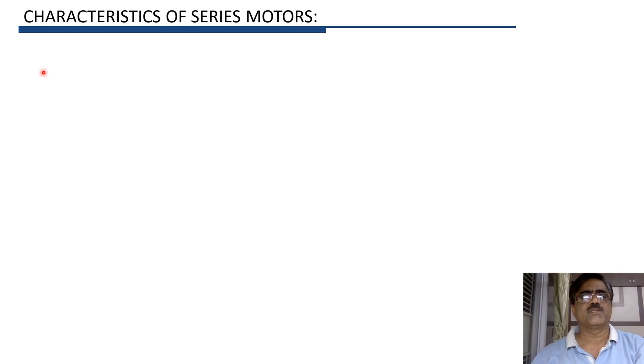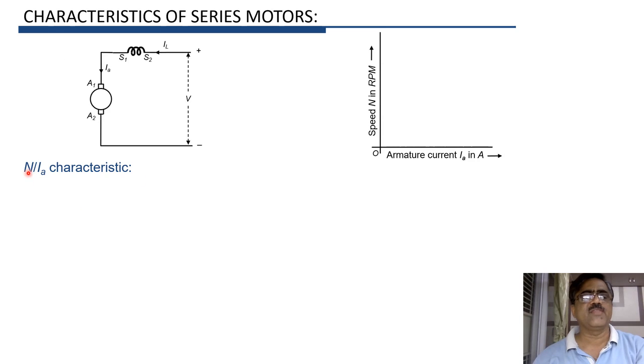Let us now see the second characteristic of series motor, that is the N-Ia characteristic between speed and armature current. You know that N is proportional to Eb upon phi. In case of series motor, Eb is equal to V minus Ia into (Ra plus Rse).